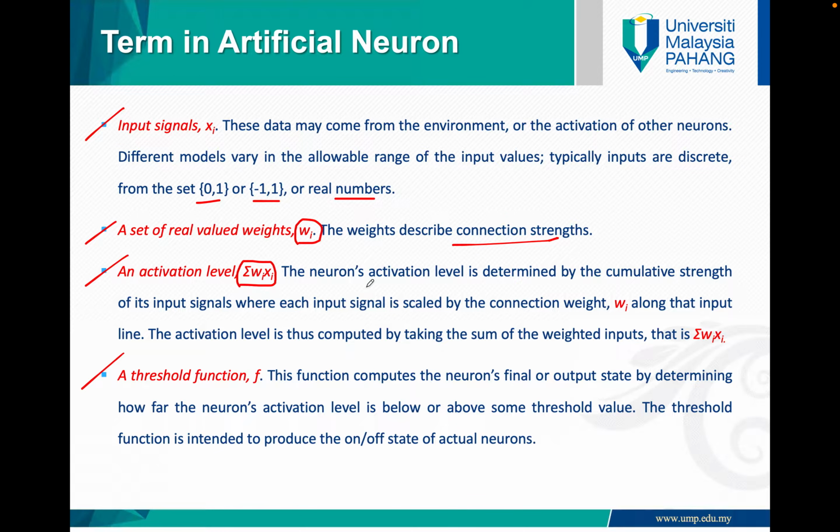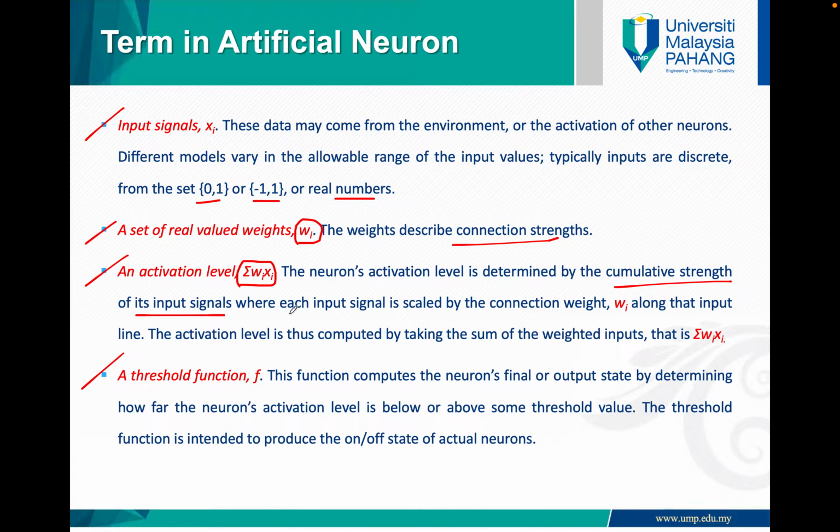The activation level we determine by the cumulative strength of its input signals. So we have a set of real weights, and then the activation level is the total. You add all the weights and then you will have the activation level.